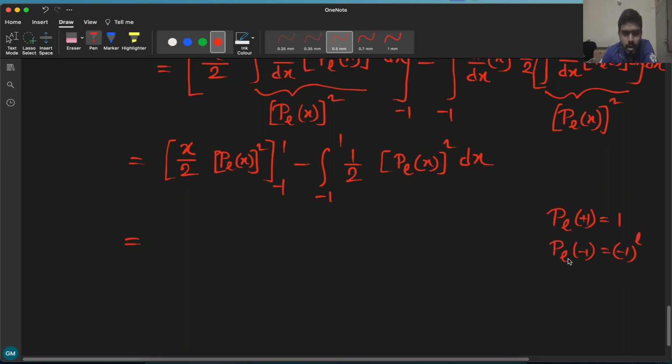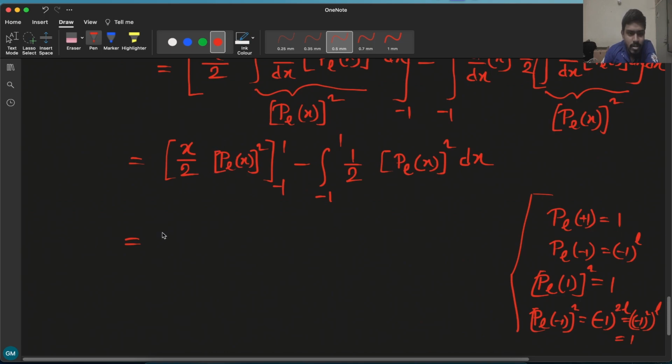We are doing the square of that, so P_l(1) square is 1 and P_l(minus 1) square is minus 1 to the power 2l, that means minus 1 square whole to the power l, which is nothing but 1.